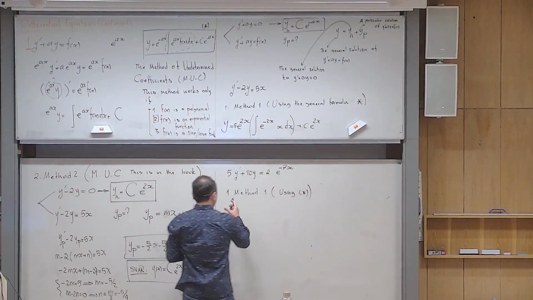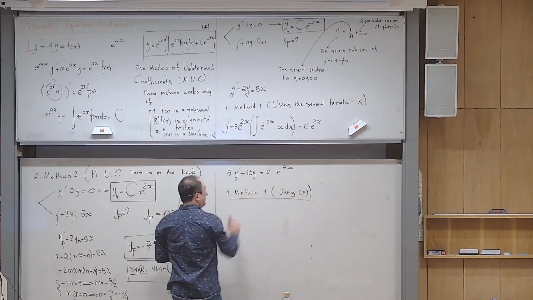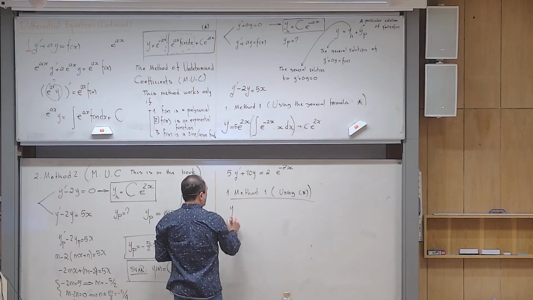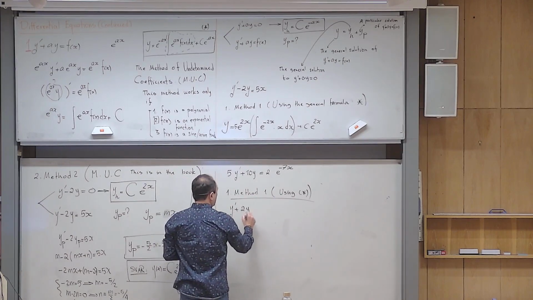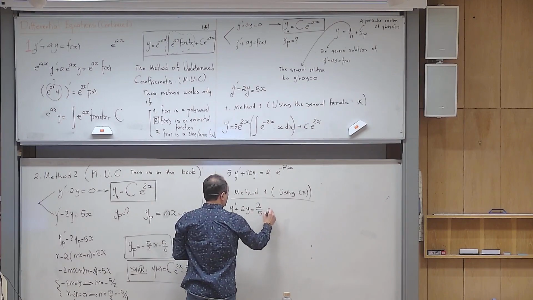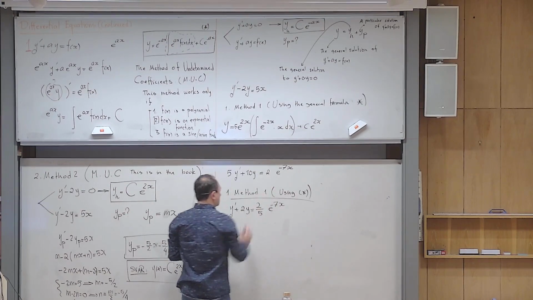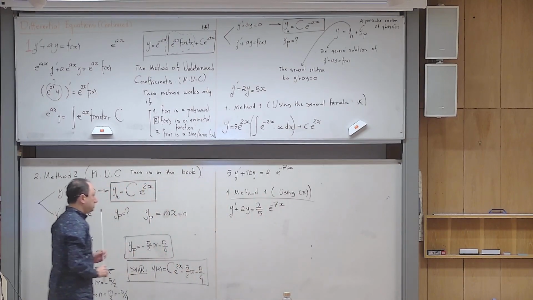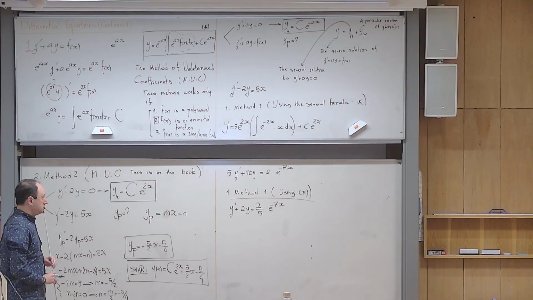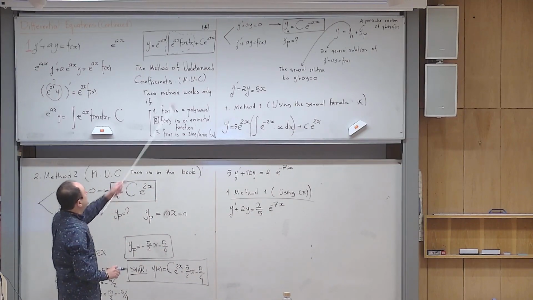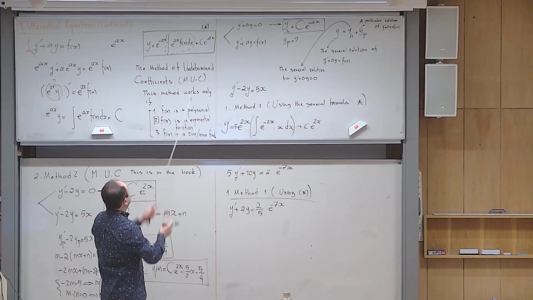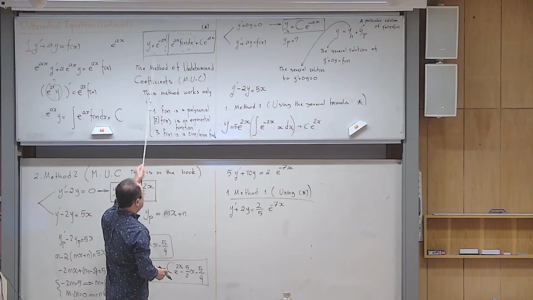So what can I do now? I divide everything by 5. So this becomes y prime plus 2y equals 2/5 e to the power of minus 7x. Okay, and then let us assume that this formula, you know about it, you put everything here.